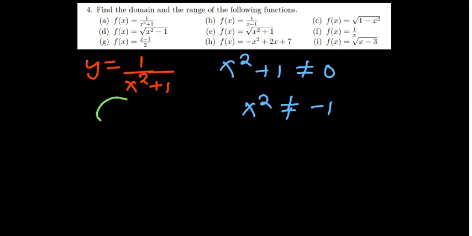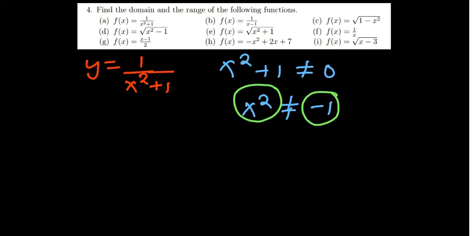Whenever you have x squared, or whenever you have an even power, you will never be able to get a negative. If you never get a negative, and you have an addition sign there, you can't ever get a 0 on the denominator, because x squared can never be equal to -1.